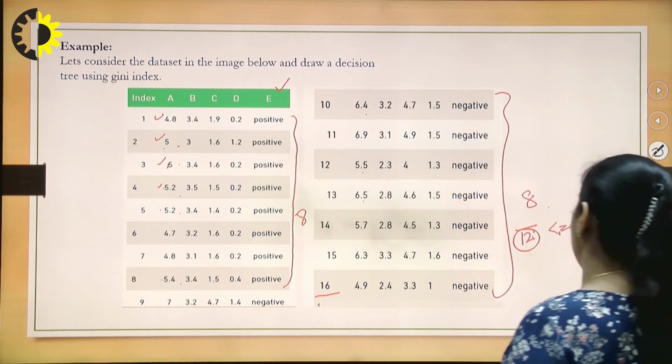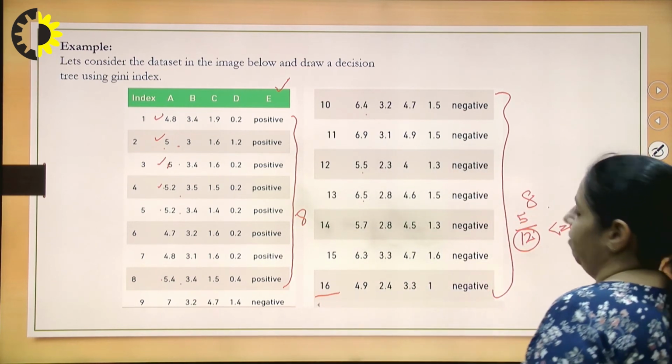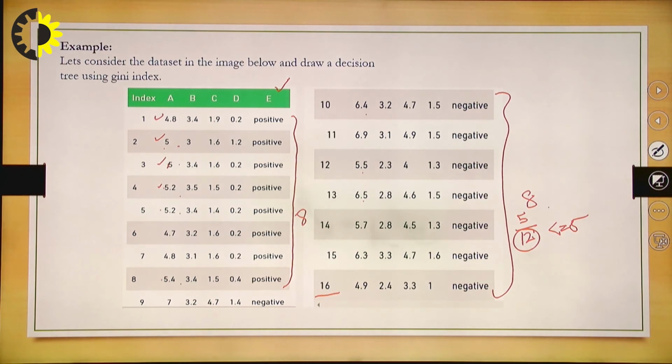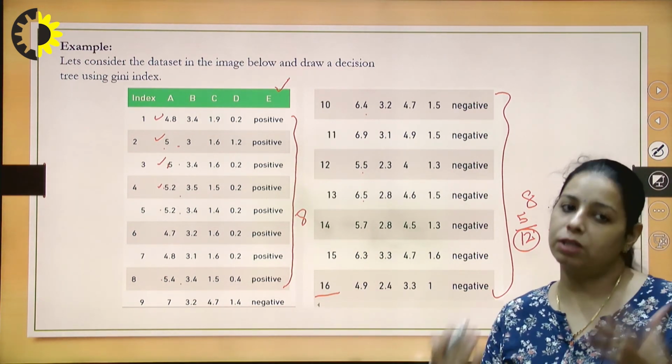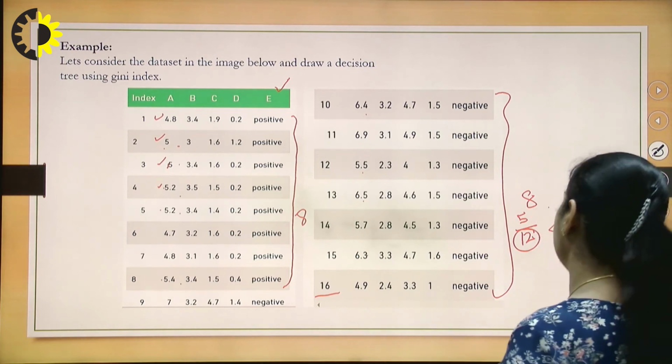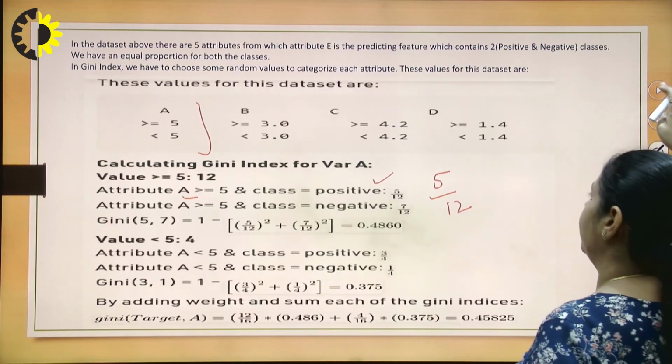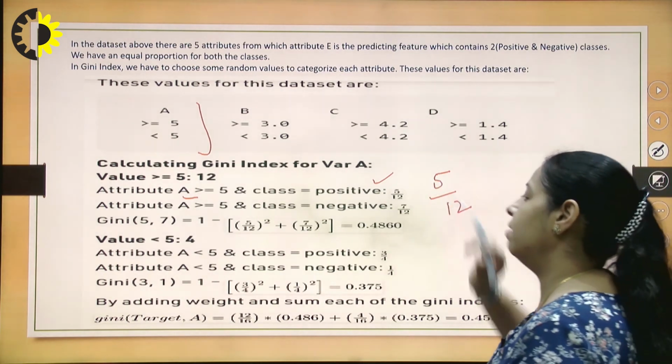That's why we have taken 5 by 12. So 12 means the total number of values which are greater than or equal to 5, and 5 is the total number of positive values among them. That's why we have taken 5 by 12.